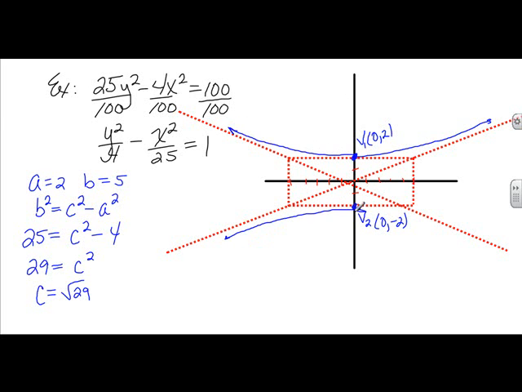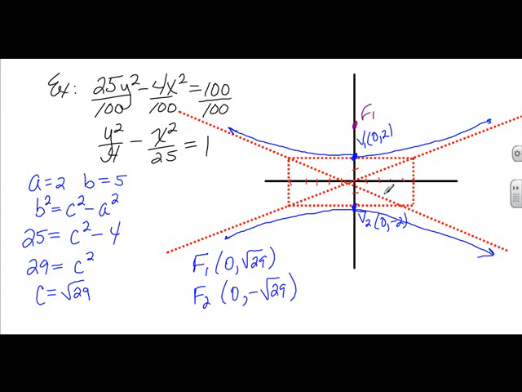And our foci, one of them would have coordinates 0, positive square root of 29, and the other would have coordinates 0, negative square root of 29. And then you'd need to look at your calculator to get a decimal approximation to put that in roughly the right place. But we might have focus F1 here, focus F2 about there.